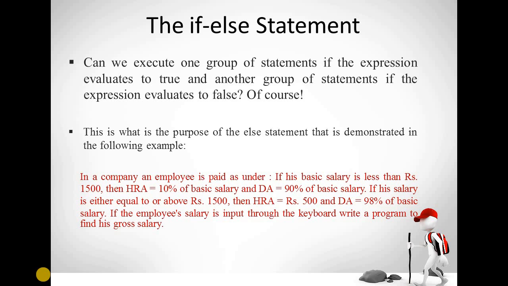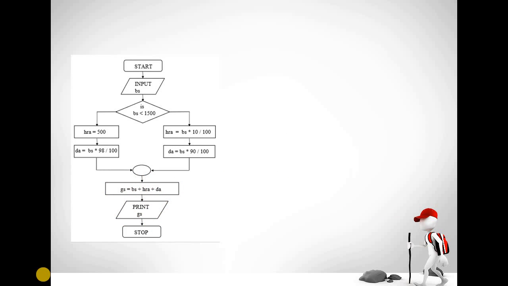But if the condition is wrong, what is the condition? The condition is basic salary is less than rupees 1500. If the condition is false, then HRA is equal to rupees 500 and DA is equal to 98% of basic salary. So let's understand it using a flow chart.